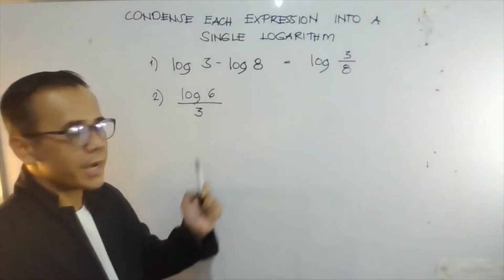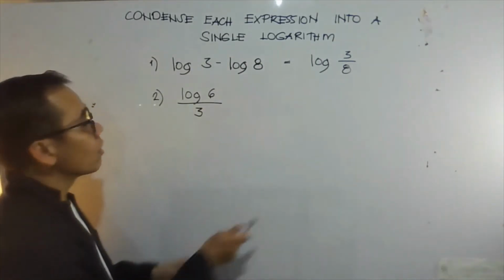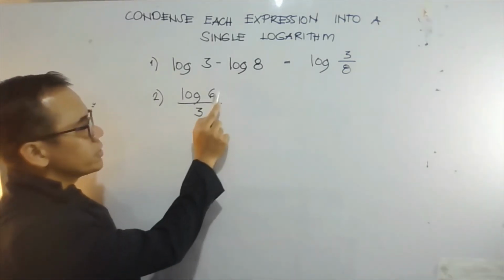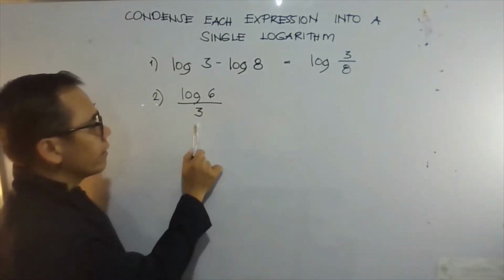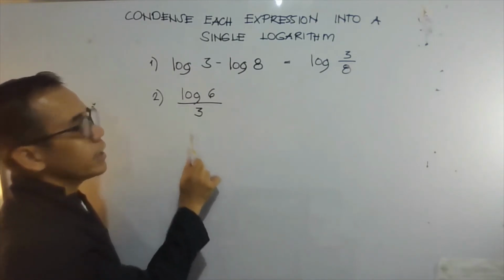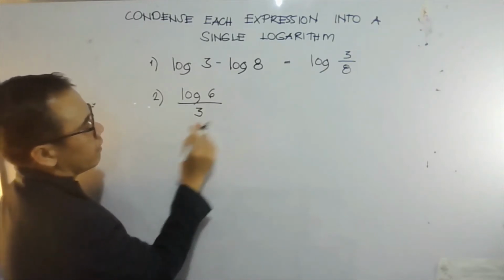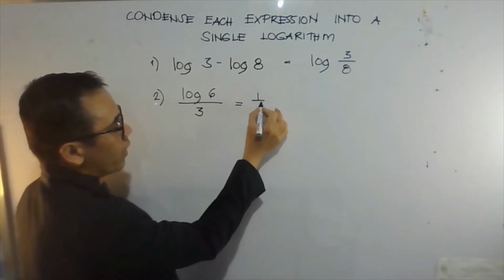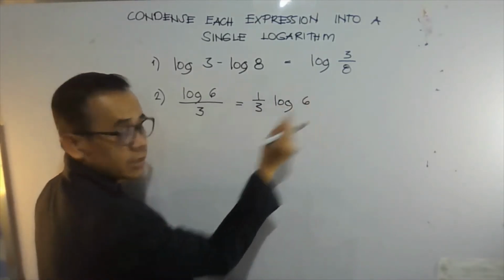In number 2, we have this expression, the log of 6 all over 3. It is not the log of 6 over 3, but a logarithm of 6 divided by 3. So how are we going to express this into a single logarithm? Since this is over 3, it is equal to 1/3 the log of 6.